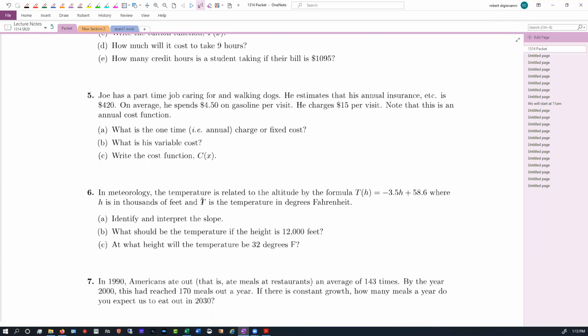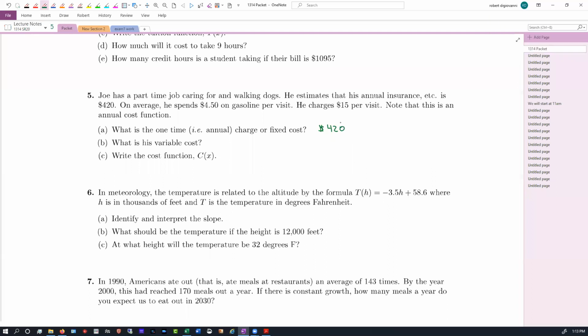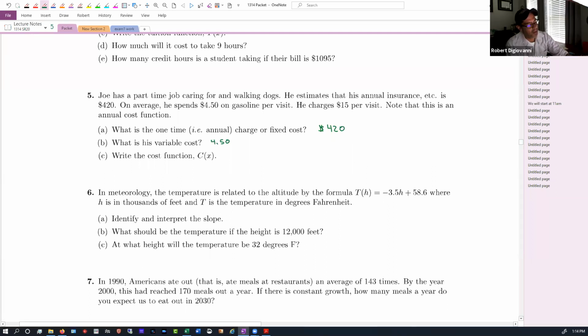If he wants insurance, it's going to be $420. Okay. What is the variable cost? The $4.50, because the variable cost is, well, he doesn't always have to pay $4.50. He only has to pay $4.50 if he actually goes and does a job, right?